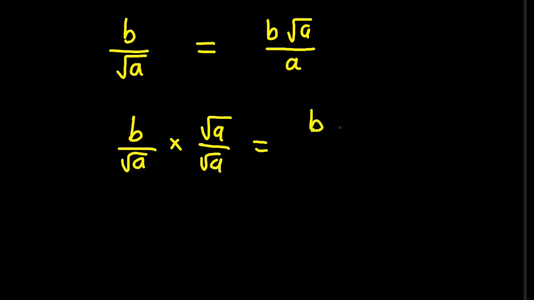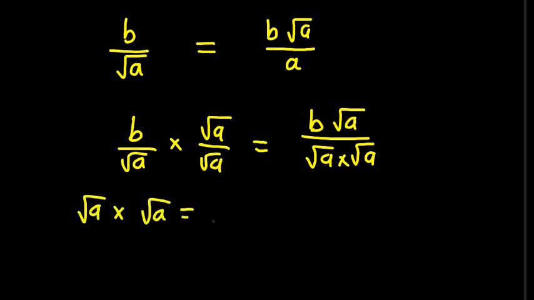This is the same as b over root a, and square root of a times square root of a. We know square root of a times square root of a is the same as a to the power half times a to the power half. By the laws of exponents, if we are multiplying terms with the same base, we add their powers.